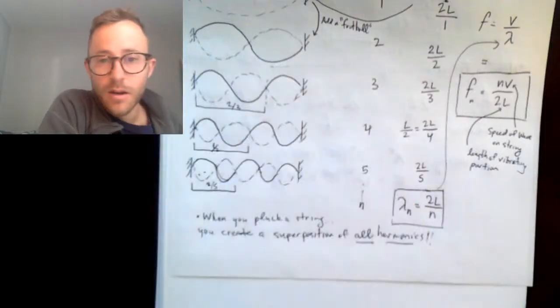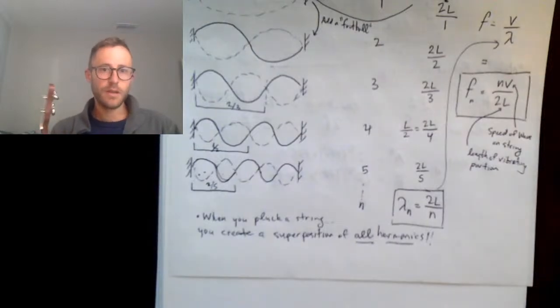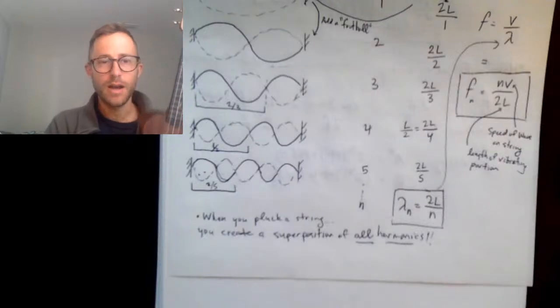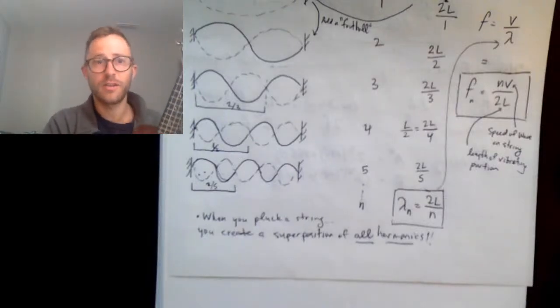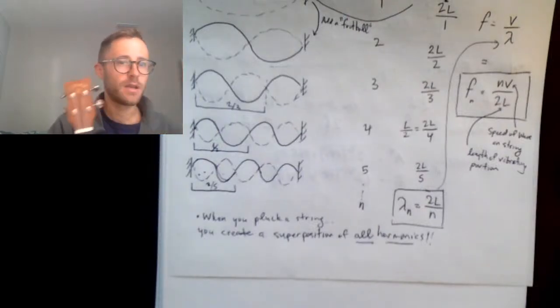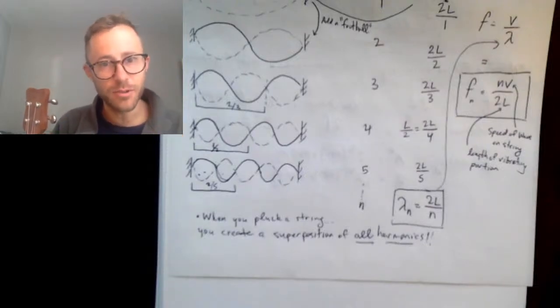Okay. So when you pluck a string, when I do this, I'm creating a little bit of the first harmonic, a little bit of the second harmonic, a little bit of the third harmonic, all of them. Okay. But the thing is that they all have different amplitudes.